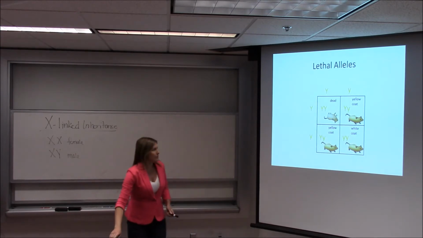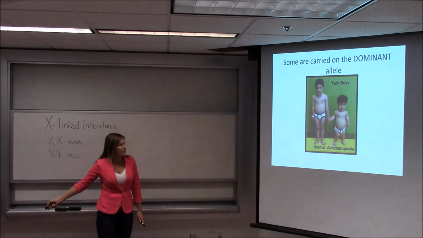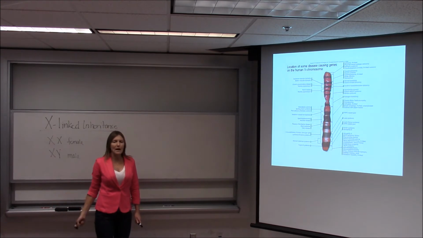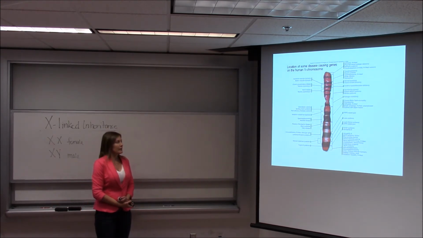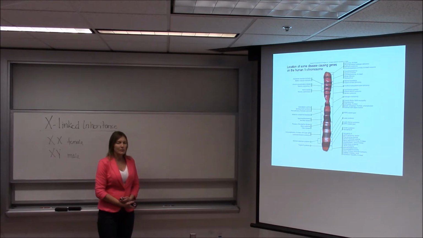I've got a slide that's back at the very beginning, so sorry for this, but I'm going to have to skip all the way forward again. Here we go. This is a partial map of the X chromosome and the disorders that are carried on this chromosome. And most of these have nothing to do with being male or female.